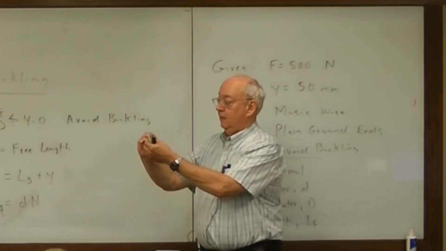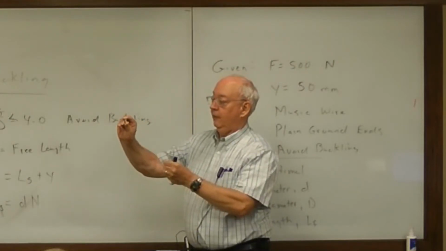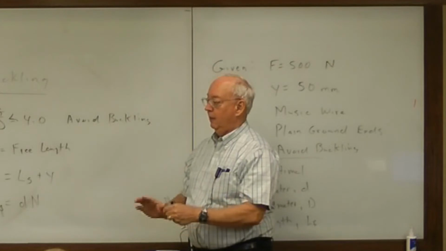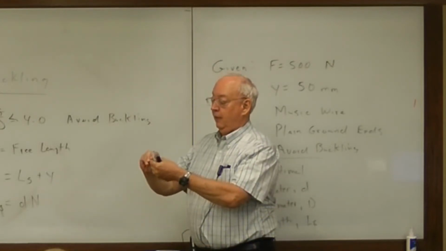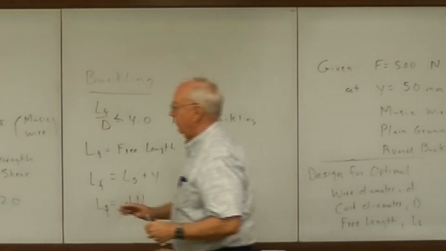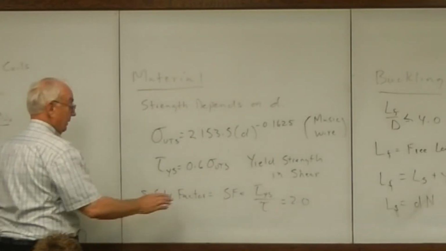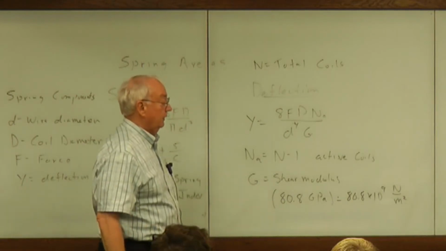But here I got this little one compressed. That's shut length, and you want to have it shut and still not yield. When I shut it, that's the most force I can put on it, and at that force I don't want it to be yielded. But the criterion we have is a safety factor too, so I want to be less than half of the yield stress when I shut it.